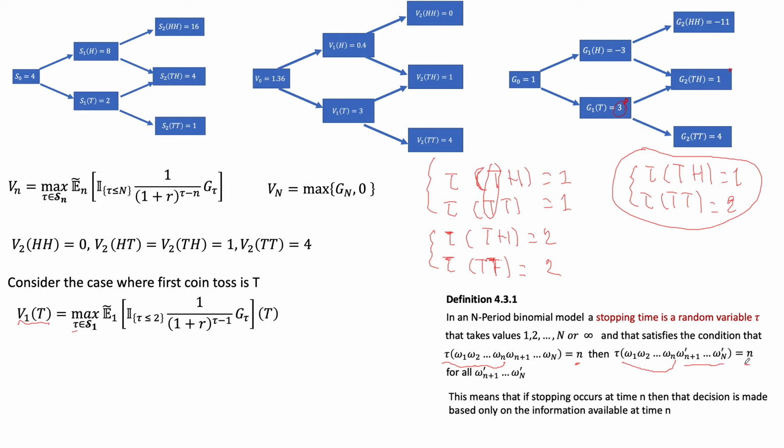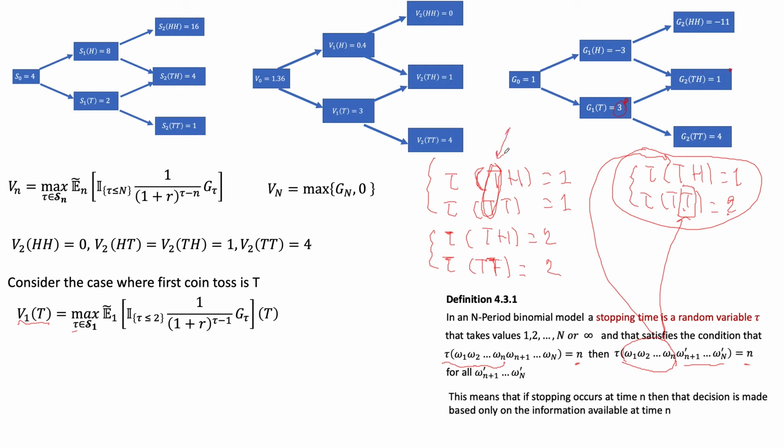But you can see here we're violating that, because in this first case we're saying it is 1, but in the second case, when the stuff after the first coin toss changes, we change the number. We cannot do that. We're violating the rule, right? So you can see here, the first one is τ_T, and we say okay, they're consistent. Our decision to exercise is based only on the first coin toss, right?